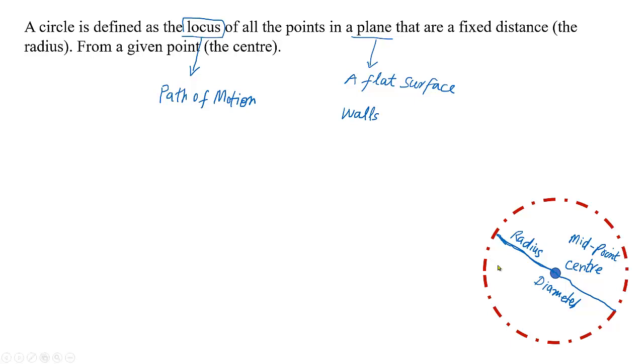The radius is a length, the length from the center to the border of the circle. With this information, let's do some examples.